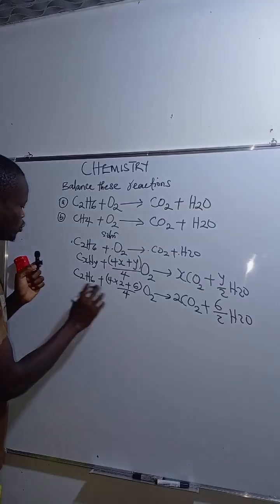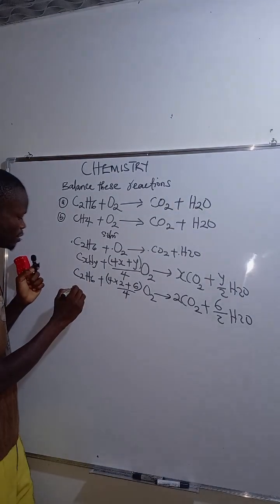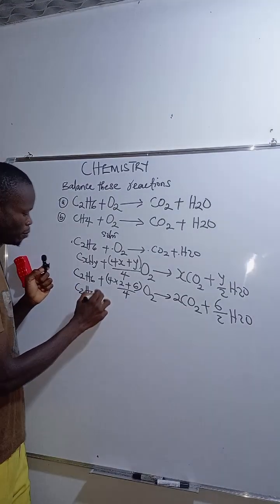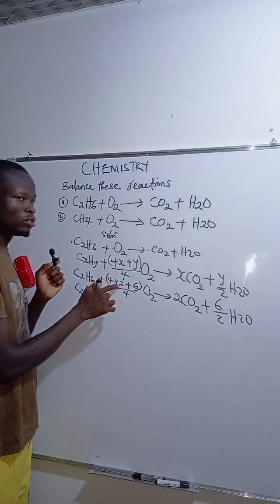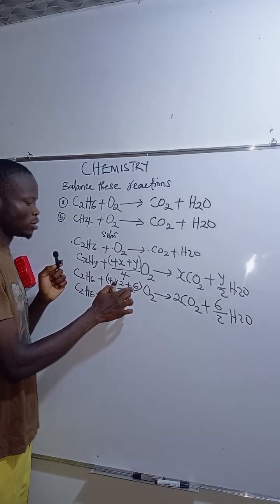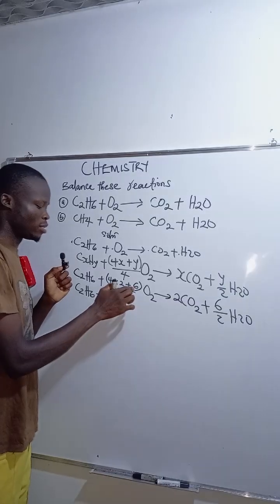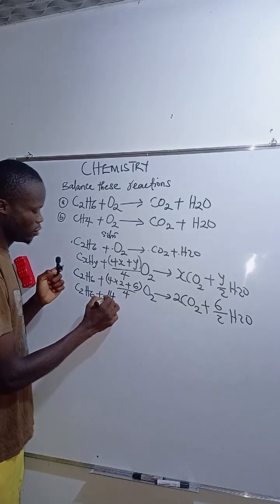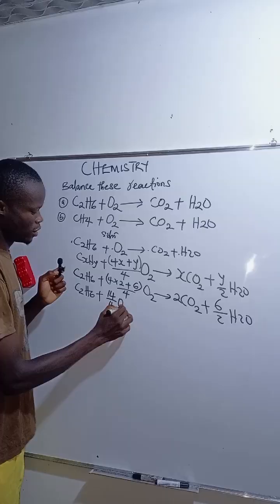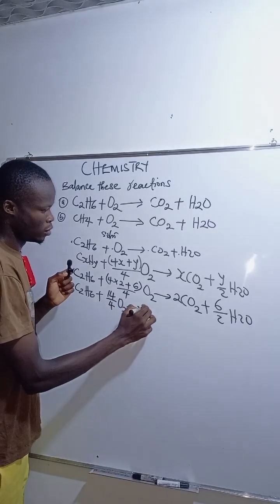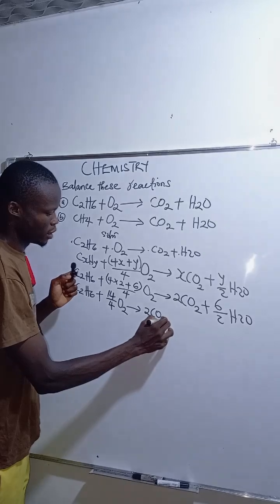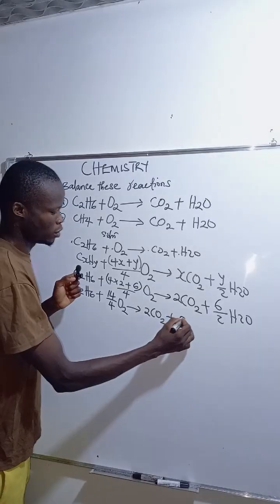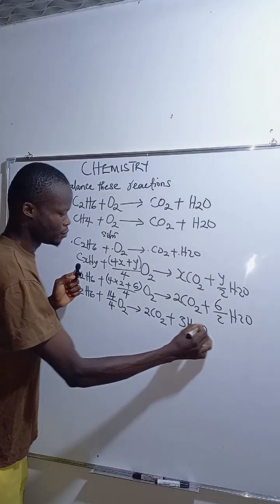So if you are to solve this together, you see that this is C2H6, my ethane, plus 4 times 2 is 8, plus 6 will give you what? 14. It will be 14 over 4 oxygen, which will give you what? 2 carbon dioxide plus 6 divided by 2 is what? 3 water.